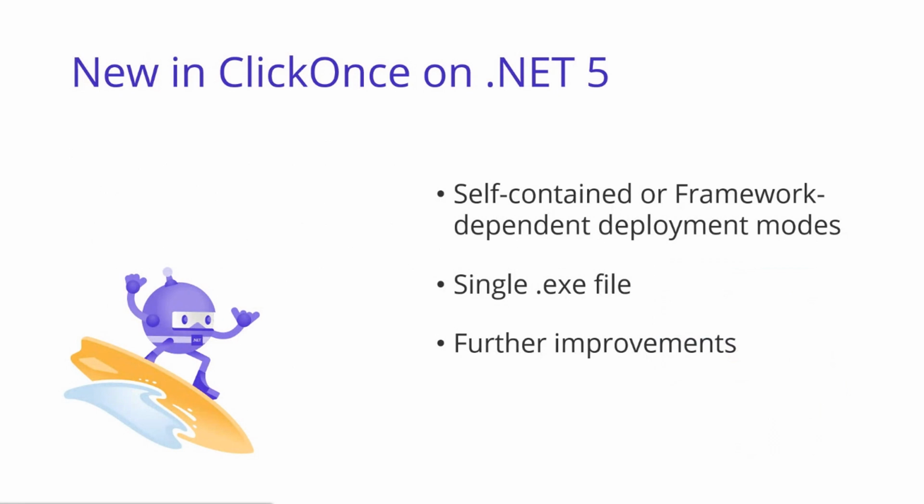These are the features that are available with ClickOnce on .NET 5. Now you have two deployment modes. You can deploy your application as framework dependent, and that way your application will depend on the .NET framework that is installed on your client's machine. That's the same way that you were deploying it with .NET Framework applications. But also you can do a self-contained deployment.